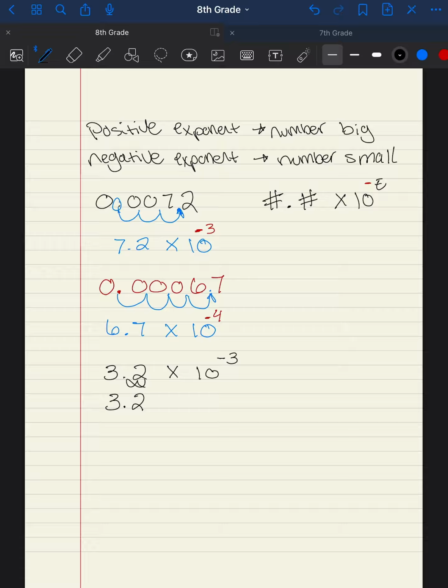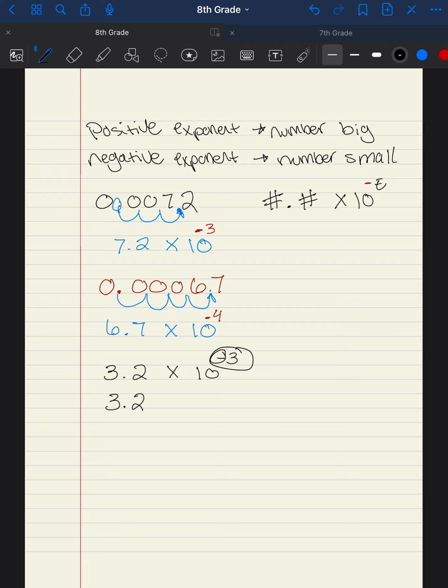Do not try to work it from here. You don't have any space to work it from here. Rewrite your number. Rewrite your 3.2. Then work it out. So, how many times did we move the decimal from the original number to get this number? It's telling us 3 times.